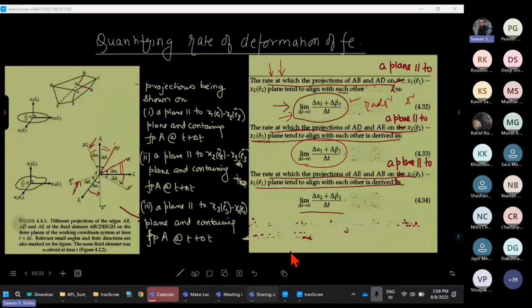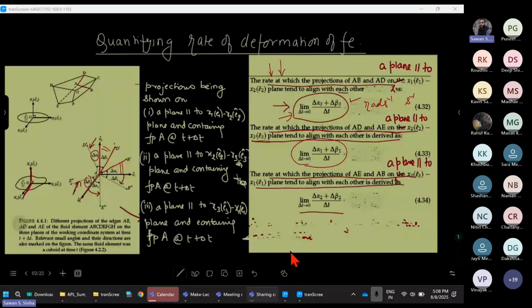I'm talking about this angle and this angle. What plane is that? It's a plane which is parallel to x2, E2 and x3, E3 plane. On this plane, these angles are trying to reach towards each other.